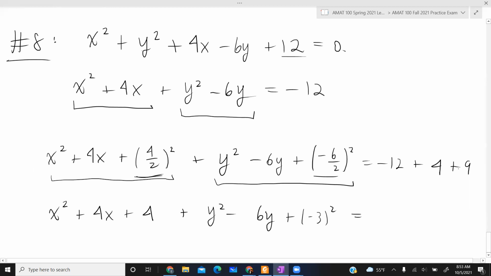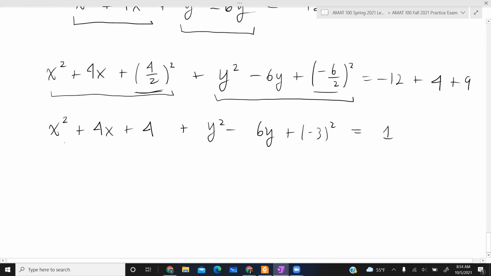On the right-hand side, -12 plus 4 plus 9 simplifies to 1. You don't have to do this step if you don't want to; you can just factor it right here. But if it isn't clear because of these fractions, that's fine, just make sure you have that negative there. So this will be (x plus 2) squared, and this is why you need to keep track of your negatives, because you'll have (y minus 3) squared.